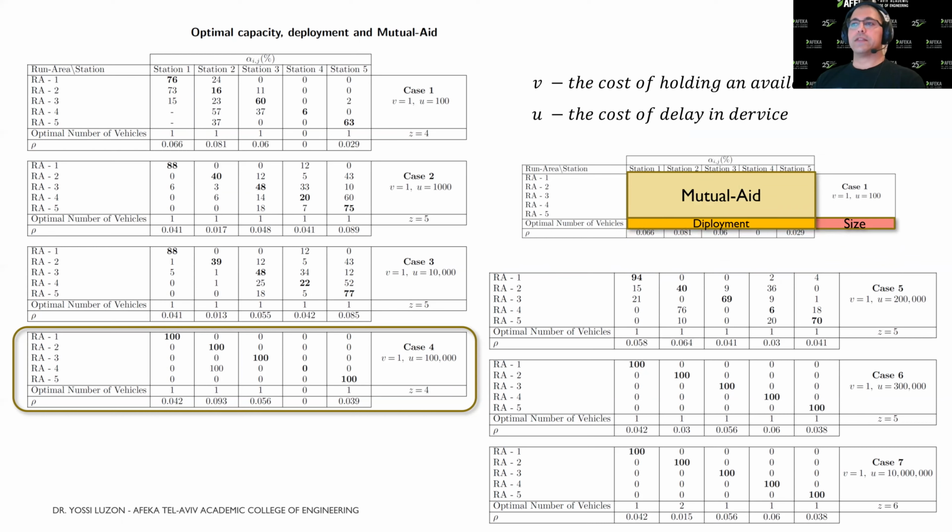It shows that as the cost of delay in service response increases from 1 to 100 in the first case to 1 to 10 million in the last case, the optimal policy in terms of mutual aid is to avoid it, as you can see by following the bolded numbers in the diagonals of the tables.